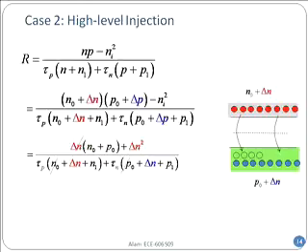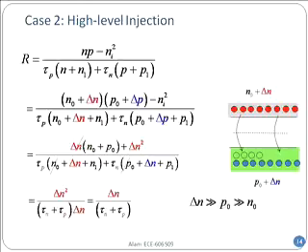The tiny amount of electrons and holes you had in the beginning doesn't matter because the light has generated so many. And so you will put it in. And this time you'll see that instead of just tau sub n, you have tau sub n plus tau sub p. Why is this? Physically, it is like this because now the electron and hole numbers are almost equal to each other, right?